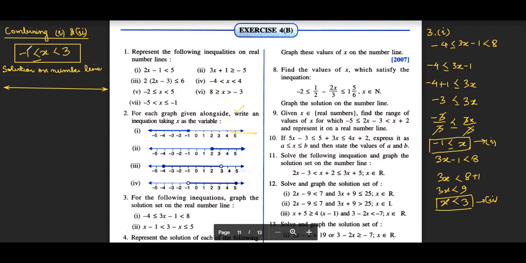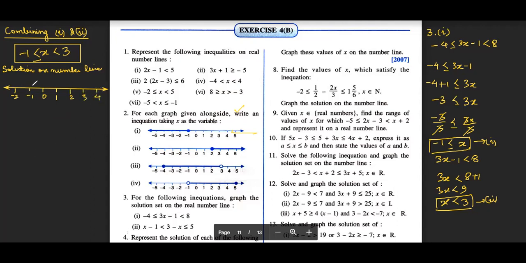What do we have to show? -1 we have to show, but we will also show some extra values. Like if I show -1 here, I will also show -2 here. Extra shown. I have 0, then 1, then 2, then 3. Okay, I will do it similarly: -1 over here, -2, then 0, 1, 2, 3, and I show one extra, 4.